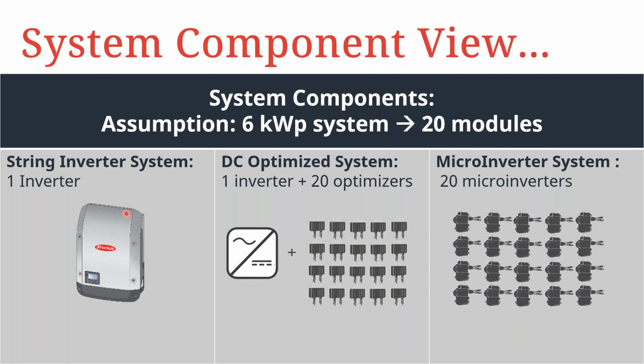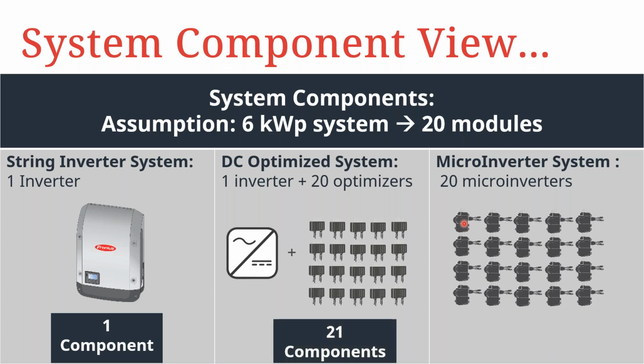If you're implementing it using the DC-optimized system, you will need one inverter and then 20 DC optimizers, because they will have to be connected to every single module in the system. And if you're going for a microinverter based system, you'll need 20 microinverters connected to all the modules. So, in summary, for a string inverter based system, Fronius inverter in this case, you just need one component. For a DC optimized system, you need 21 components. And for a microinverter based system, you will need 20 components.